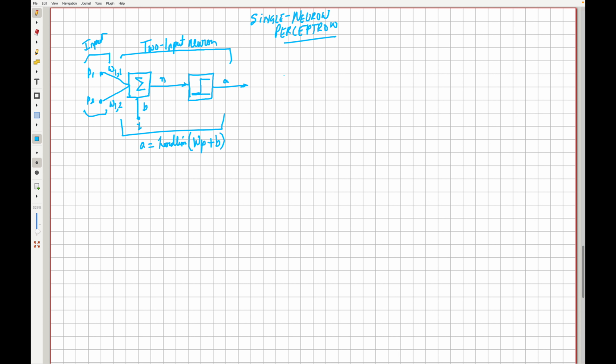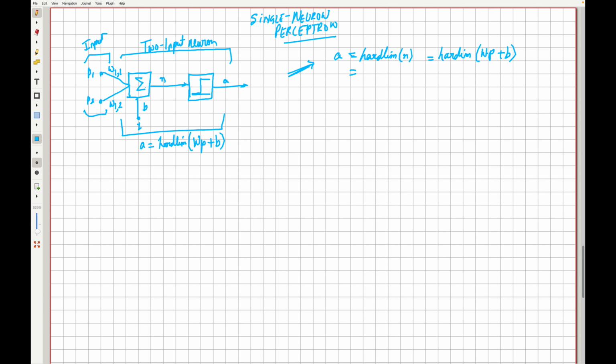Now in general, the equations that we would think about for this particular network is a is equal to hardlim n. Now we can be very specific about what n is. So hardlim of n, we know that that is w dot p plus b. So what is w in this case?